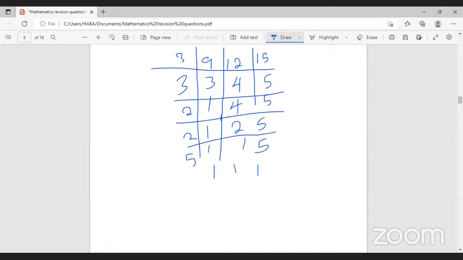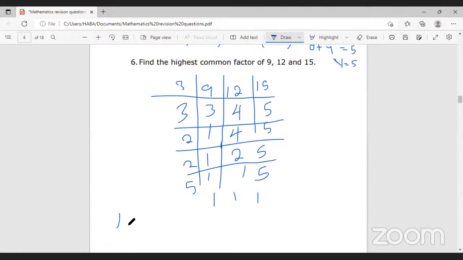Good. But when we multiply like that, that one is finding LCM. So we look for common numbers. So this would be LCM. But for highest common factor, we get that factor that we have divided by, that is divisible by all those numbers, 9, 12 and 15.